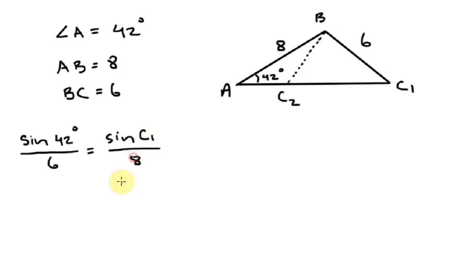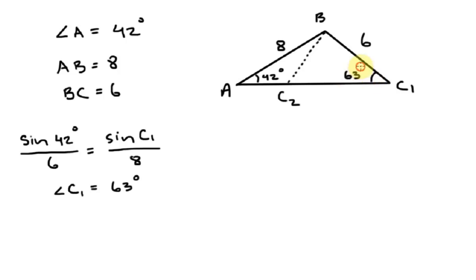Okay, so I go through and I do my cross multiply and divide. And then, of course, in this case, I have to do a sine inverse. So let's say I did all that. If I did that, then angle C1 turns out to be 63 degrees. And you can see that matches this drawing perfectly.